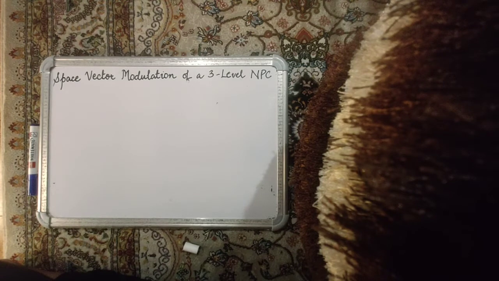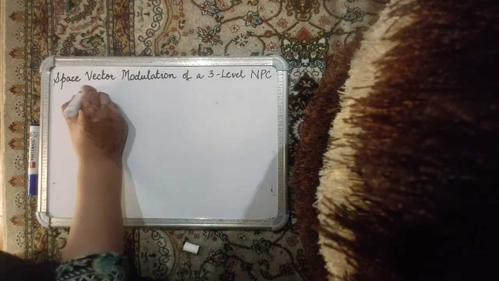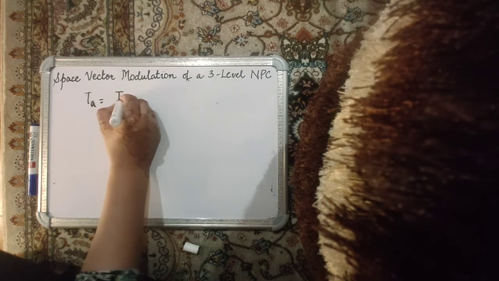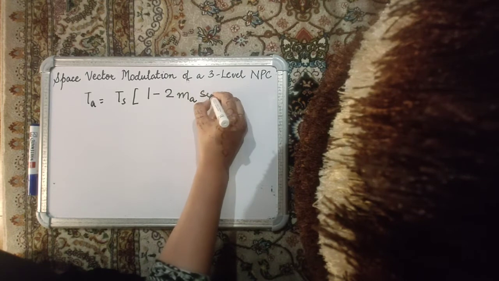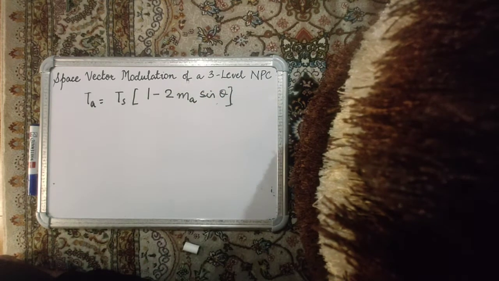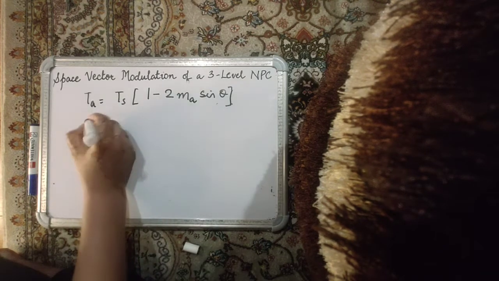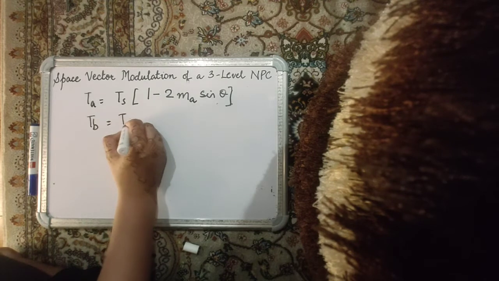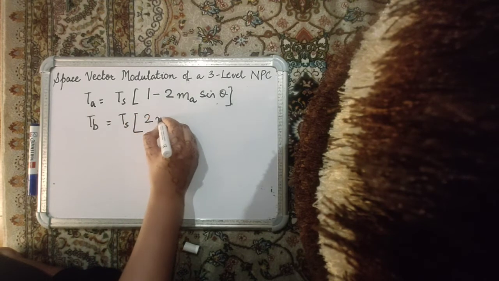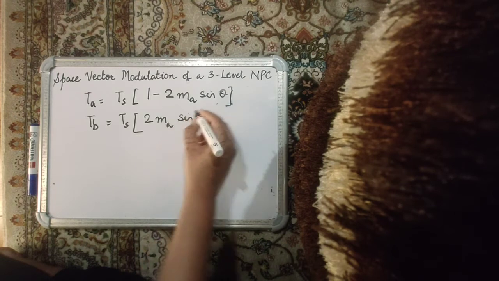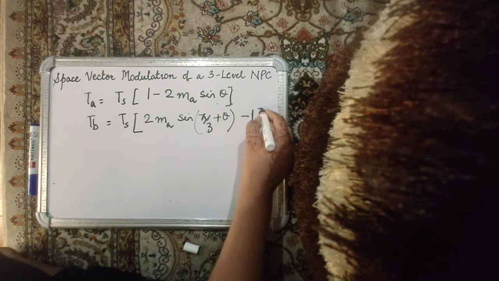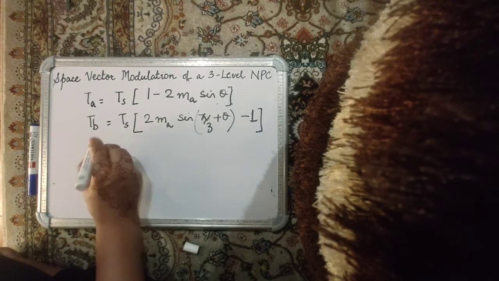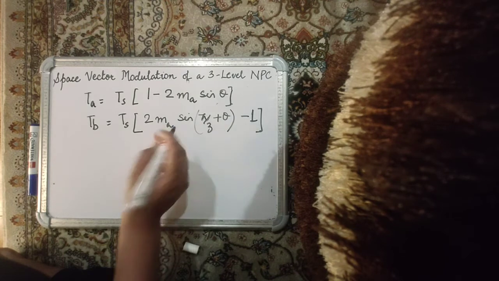So I can just write that for you. ta is Ts times (1 minus 2 MA sine theta), where theta is the angle of the reference vector with respect to your baseline or reference line. tb is Ts times (2 MA sine of (pi by 3 plus theta) minus 1), and of course theta varies only between 0 and 60 degrees in each sector.